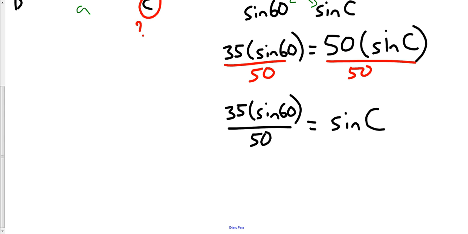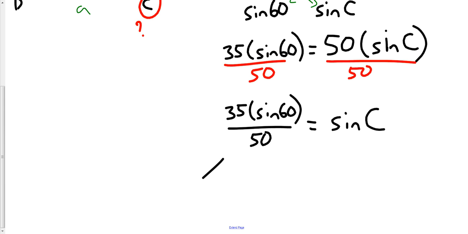If I wish to get sine C all by itself, I can do a couple of things here. I can convert the left-hand side, this part of the equation, into a decimal rounded to 4 places. So let's do that first.